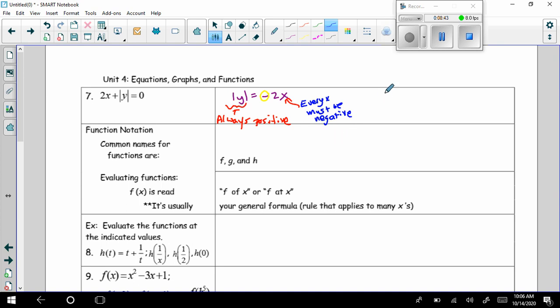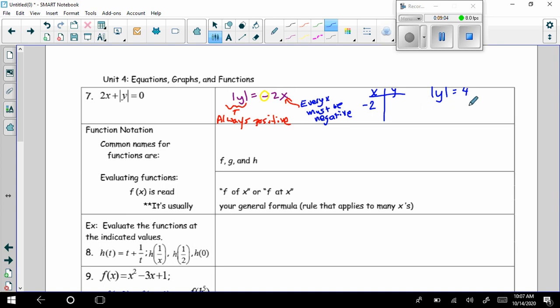All right, so then you're looking at a table that says, okay, we have x and y. If I plug in a -2, well, the absolute value of y then equals 4, because I have -2 times -2.